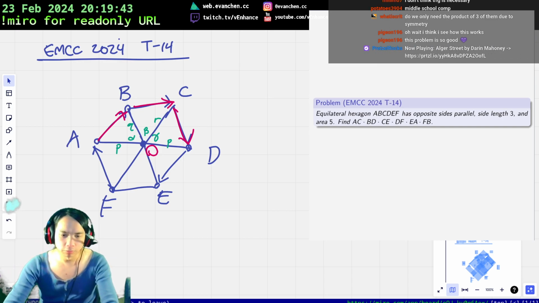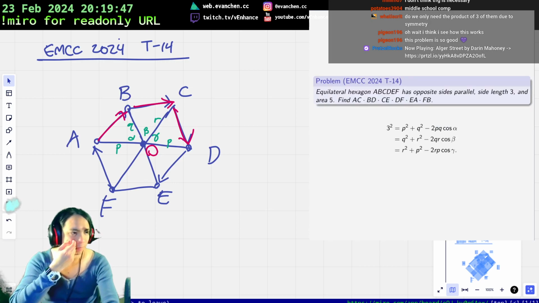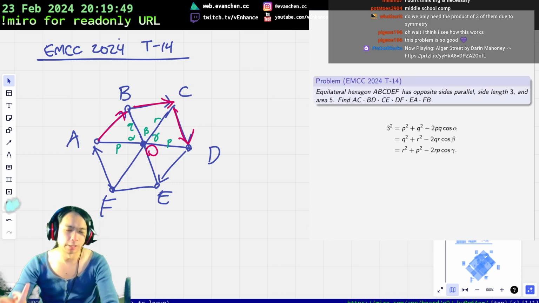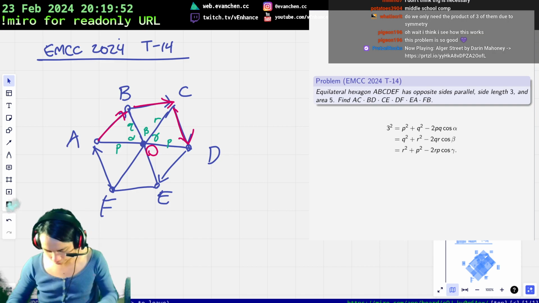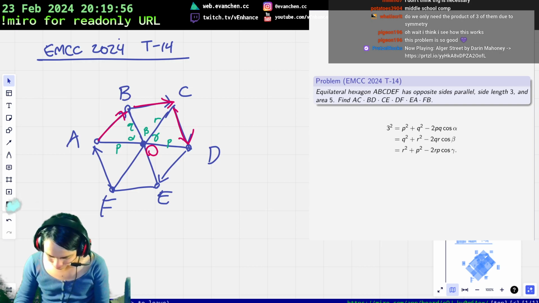So there's a relation between cos alpha, cos beta, cos gamma, which is that alpha plus beta plus gamma is 180. There's some condition, I never remember what it is. Also, this is actually going to be really annoying.